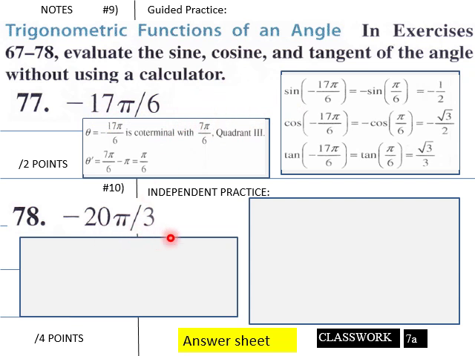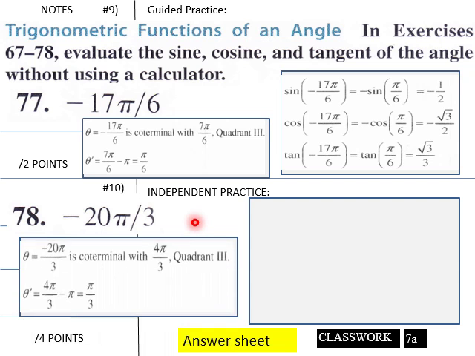And then negative 20 pi over 3, again, we're moving in this manner here. It'd be 6 and 2/3 pi. So negative 20 pi over 3 is coterminal with 4 pi over 3 in quadrant 3. So theta prime would equal 4 pi over 3 minus pi would equal pi over 3.